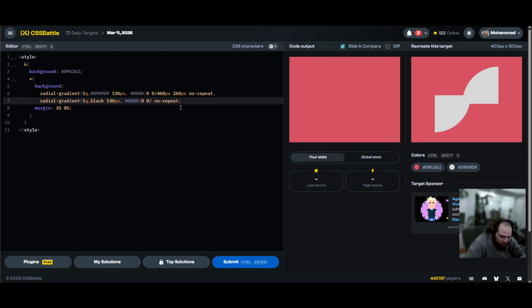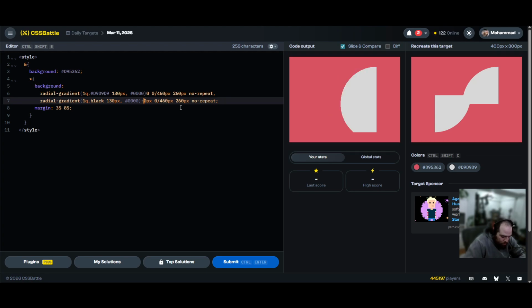Okay, so we're going to go 0, well, let's go 50, 460. But let's go negative. No, that doesn't work. What am I doing? This is the side. Okay, so this one I have to move. Minus 50px.